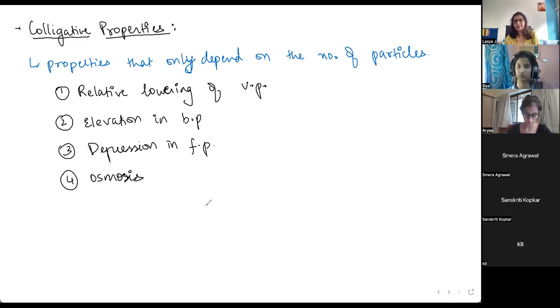Osmosis and osmotic pressure. So osmotic pressure, like how much pressure, like how much that osmosis will take place and all of that depends completely only on the concentration. It doesn't matter whether you used NaCl or KCl, like what have you used, it only depends on the concentration. Solely depends on the number of particles.